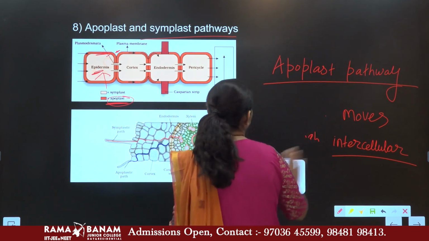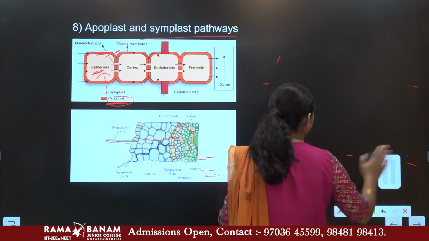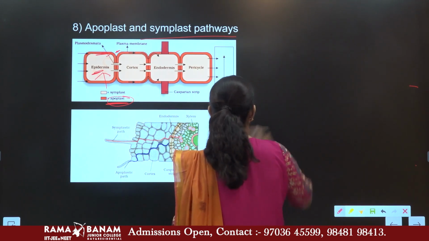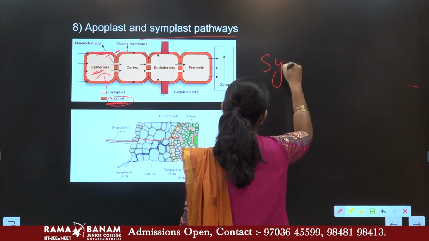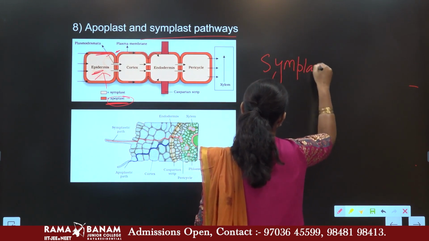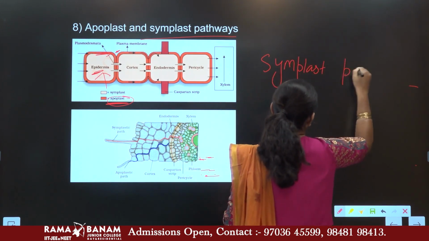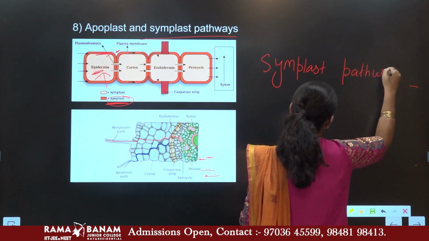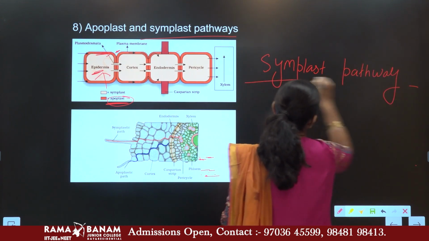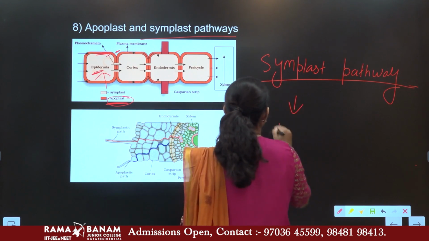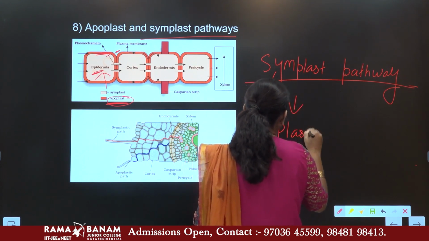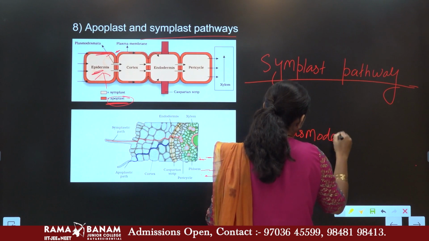Now when you look at the symplast, we must know about the plasmodesmata. This is symplast pathway. Symplast pathway means what is the organelle we want? Plasmodesmata.